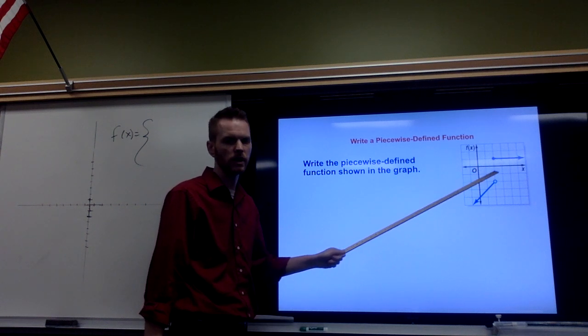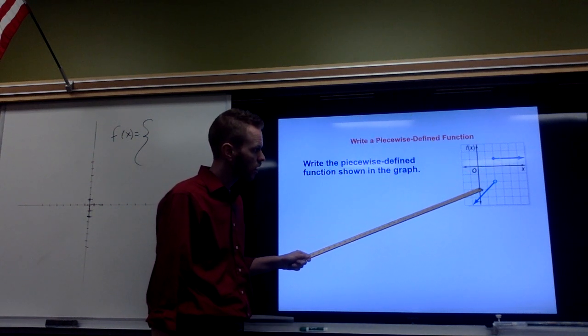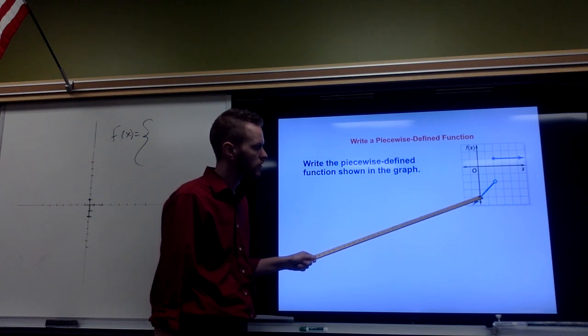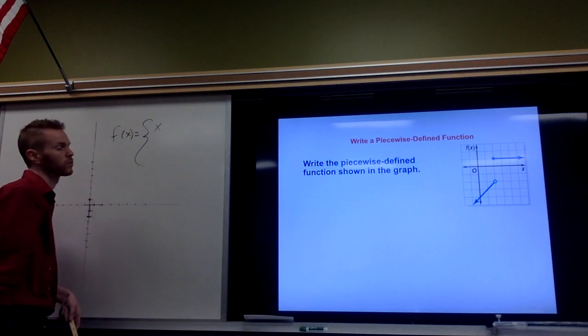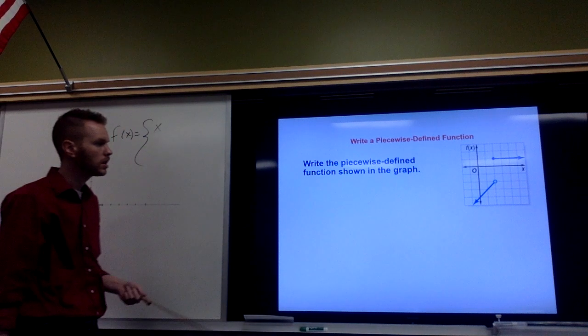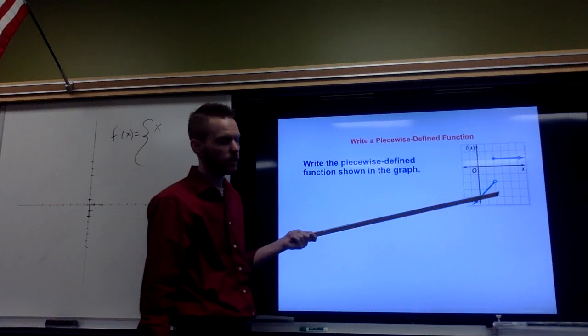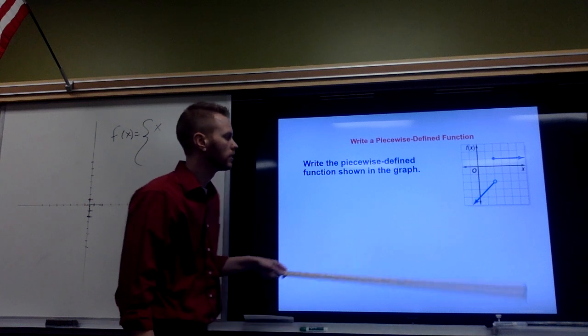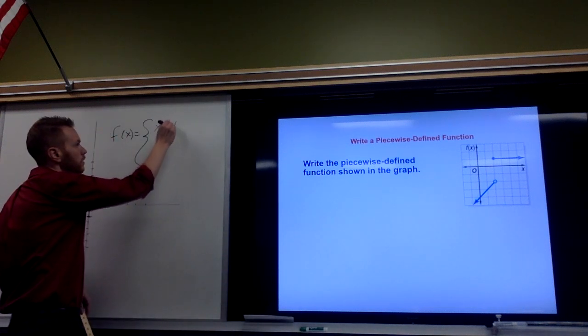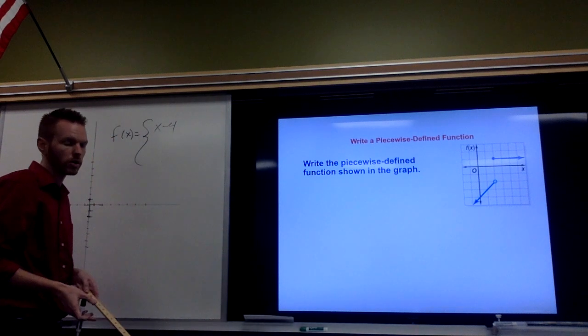It's going in a positive direction, so I know that. Also, I could find the slope by just counting, right? Over 1, up 1, over 1, up 1. So the slope's 1. So 1x. My y-intercept, hey, I can figure that out. If I go down, what, 1, 2, 3, 4. So it goes -4. That's where it crosses the y-axis.